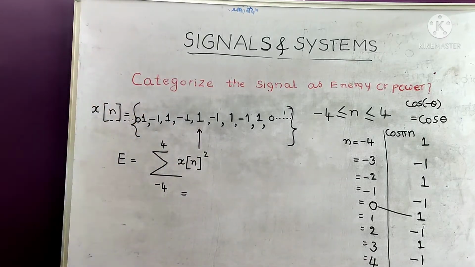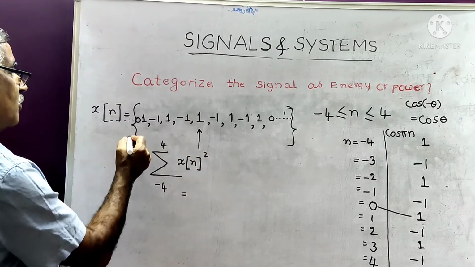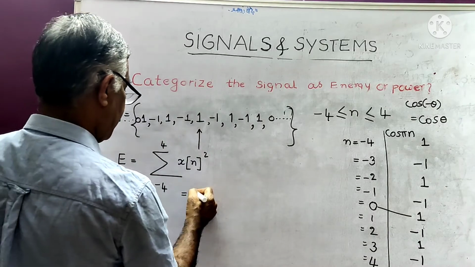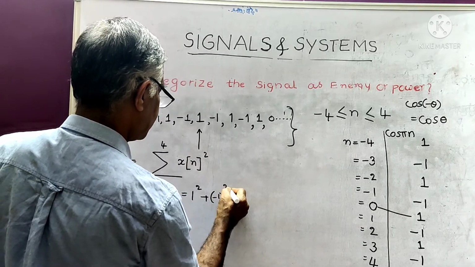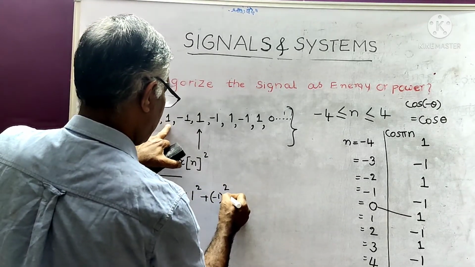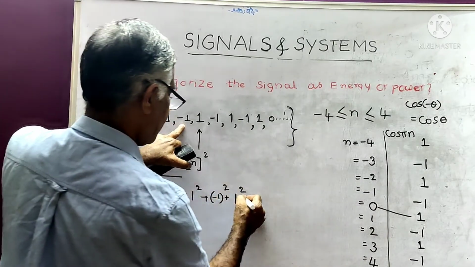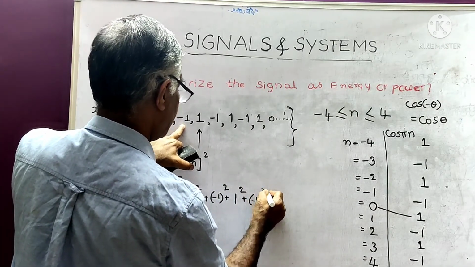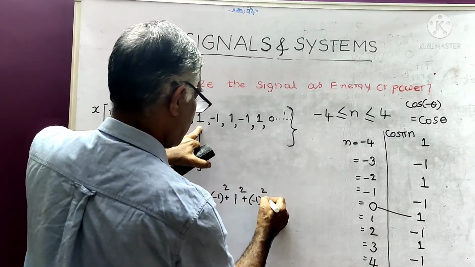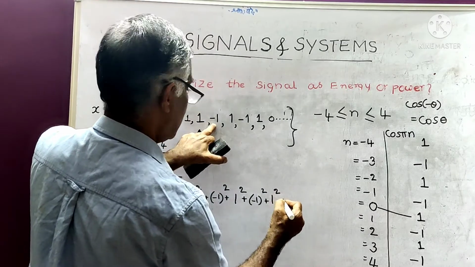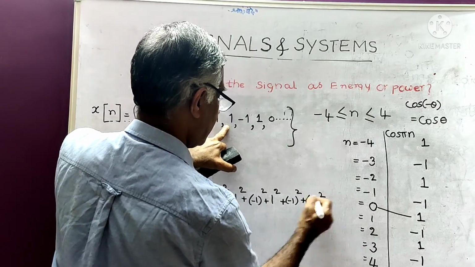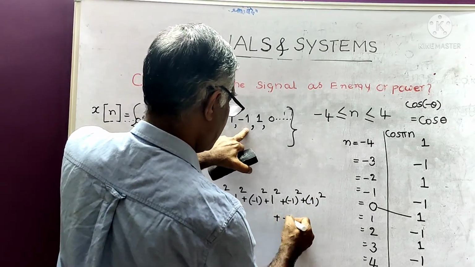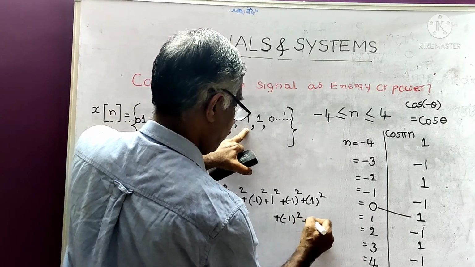Squaring: 1 square, plus -1 square, plus 1 square, plus -1 square, plus 1 square, plus -1 square, plus 1 square, plus -1 square, plus 1 square.